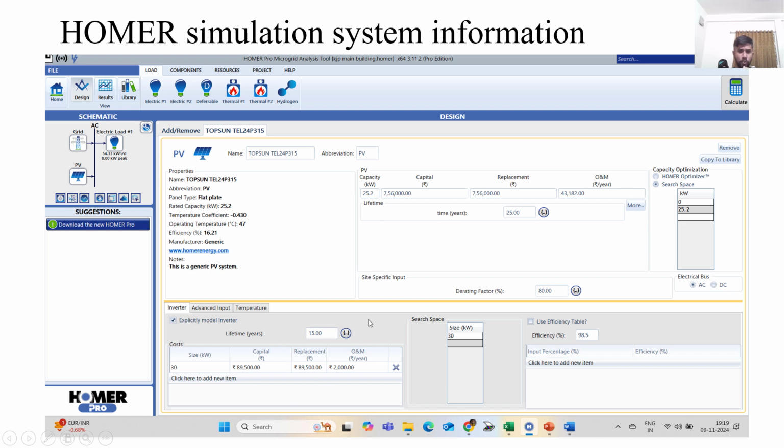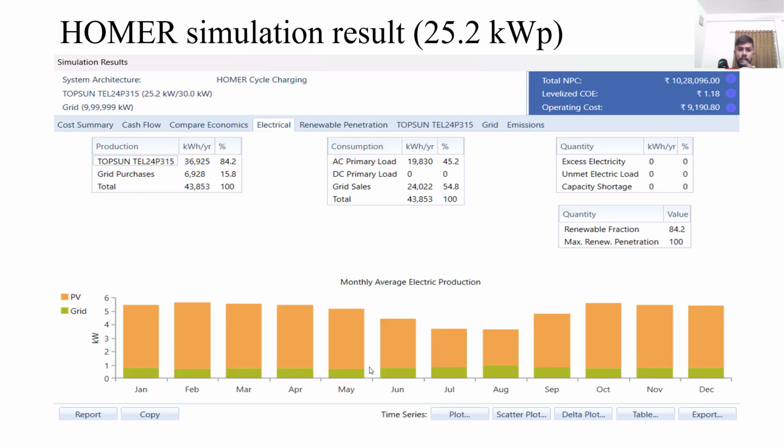And these are some cost parameters: the capital cost of this solar power plant and the operational and maintenance cost. Inverter cost is also considered, and operational and maintenance costs are also considered. After simulating this way, we are getting 84.2% of total power produced by this Topson TEL24P315 module, and we are purchasing some power from the grid, 6928 units.